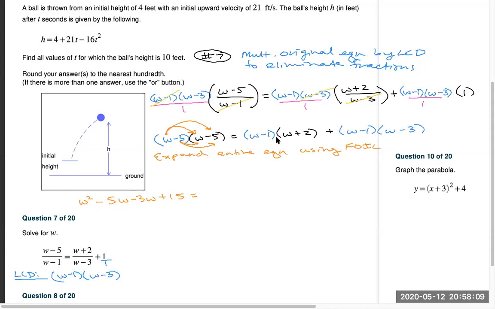That equals W squared plus 2W minus W minus 2 plus W squared minus 3W minus W plus 3.